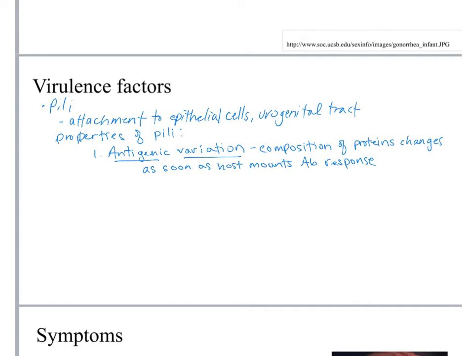Influenza does it much more slowly. Streptococcus can change the M protein composition a little bit, but Neisseria gonorrhoeae is particularly good at this. Again, as soon as our adaptive immunity ramps up and starts making antibodies to the pili, they change, and then the antibodies aren't any good anymore.